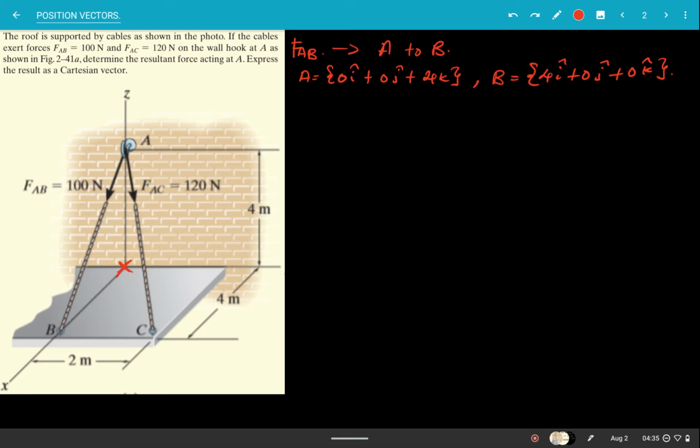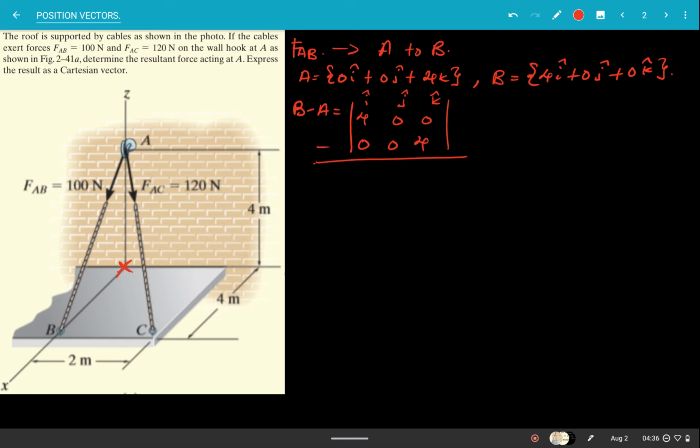So remember, if you're moving from A to B, this simply means that it's B minus A. So remember, I, J, K. We're going to say B, which is having 4, 0, 0, then A, which is having 0, 0, 4.